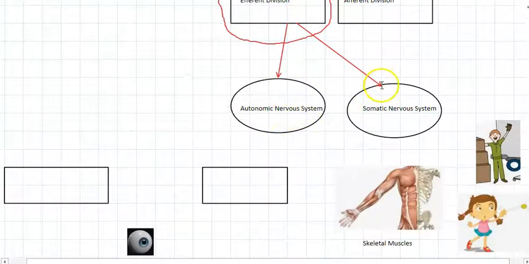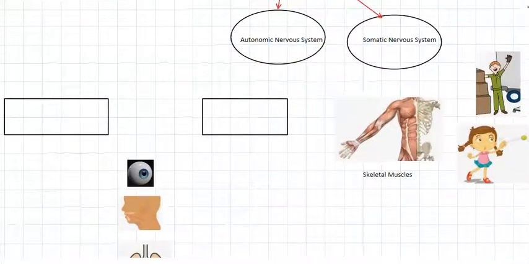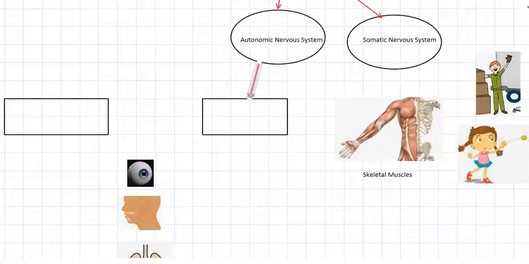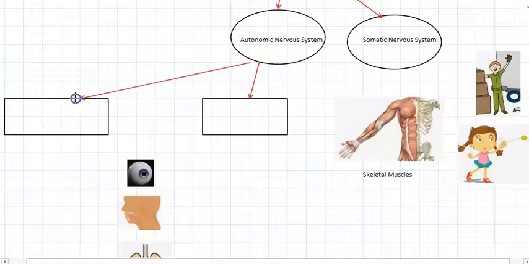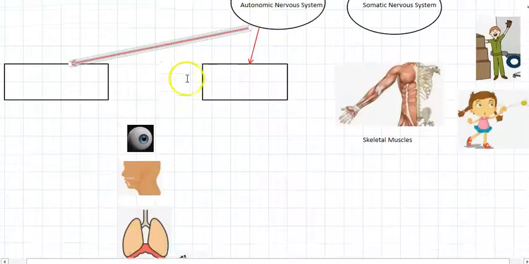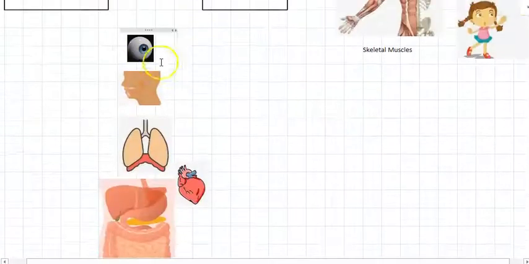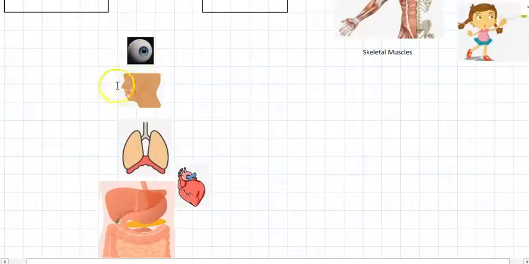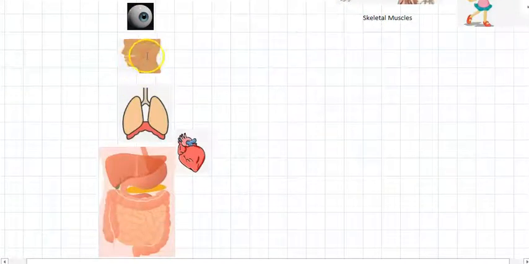All right. And lastly, the autonomic nervous system is split up again into two types, or into two divisions. So here's the range of organs that nerves in the autonomic nervous system go to. So we've got things like the pupils in the eye, salivary glands, and several other glands around the body too.